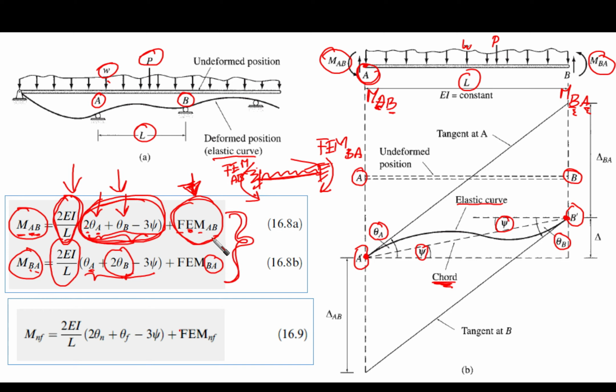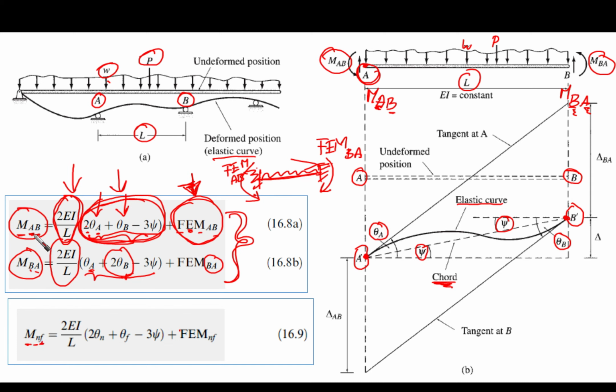We need to think about the words near and far, right? Instead of saying MAB and MBA, we are going to say the moment which is near to the point that I am going to talk about, and this is why the subscript here is N, and it is far from the other end.